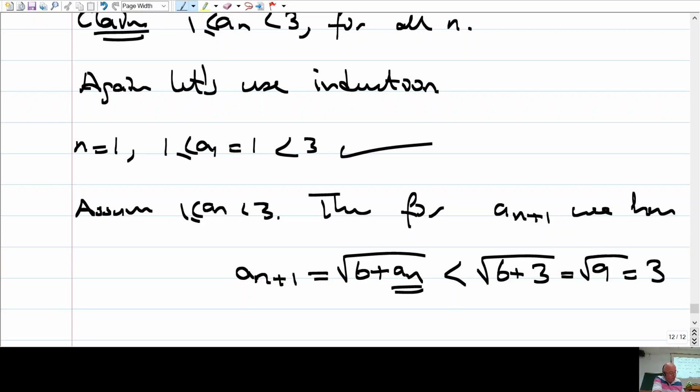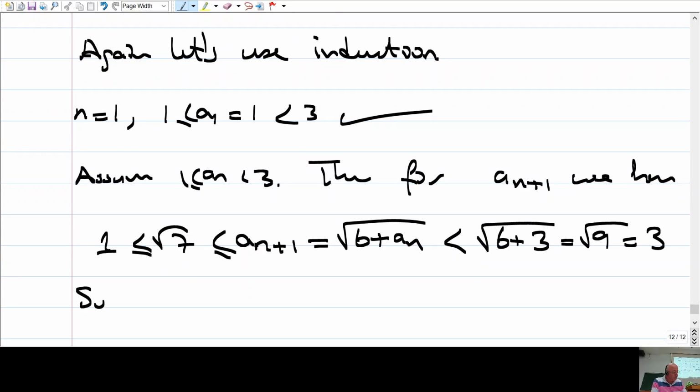So a(n+1) is less than 3, and since an is larger than 1, this is greater than the square root of 7, and that is larger than or equal to 1, right? So we have seen that a(n+1) is again larger than 1 and less than 3.